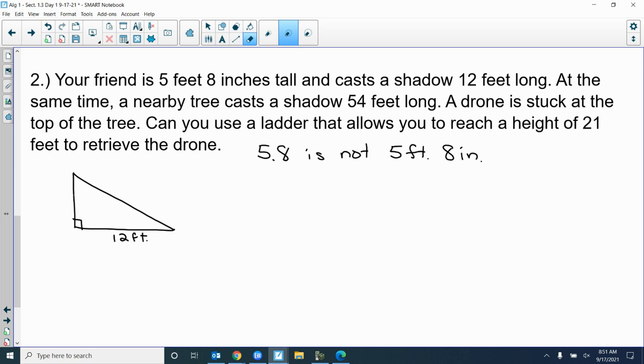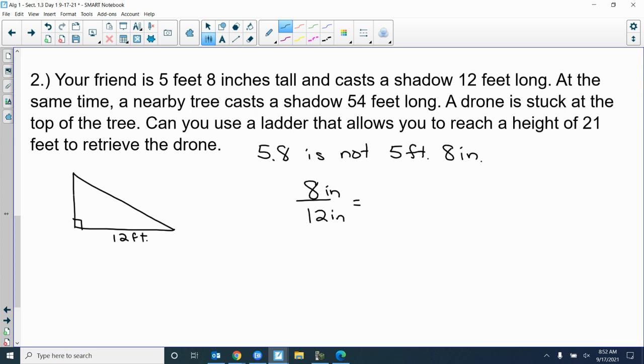So you have 8 inches. How much of a foot is that? What's 8 divided by 12? There's 12 inches in a foot. 8 divided by 12 gives us 0.6 repeating.